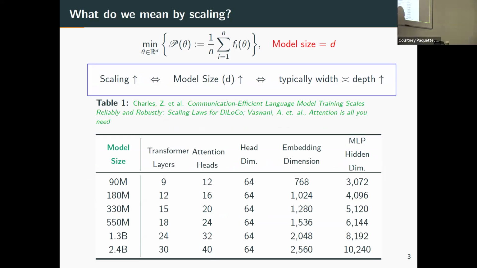If you haven't done it, it's not a big deal, but what you see is that my attention heads, which is related to my width, are going up proportionally. And as I'm increasing my width, my transformer layers are also growing. So my width and my depth are growing proportionally to each other.